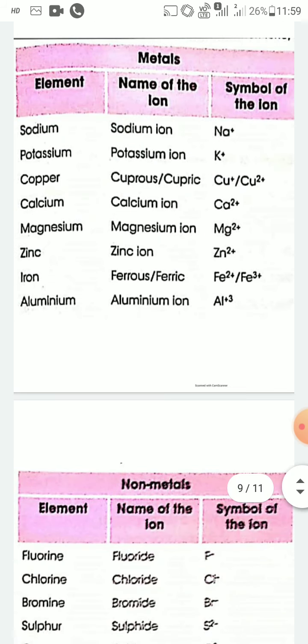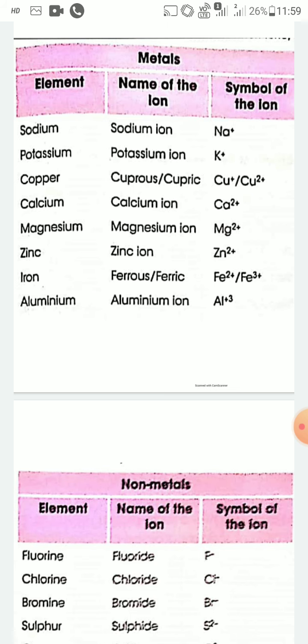Here some examples of cations and anions are given in this table. Generally metals form cations, and non-metals form anions. Cation means basic radical and anion means acid radical. For example, sodium forms the sodium ion, whose symbol is Na+.